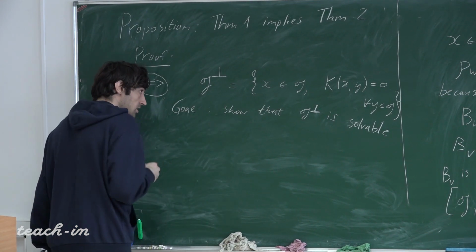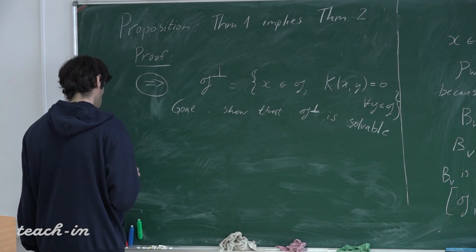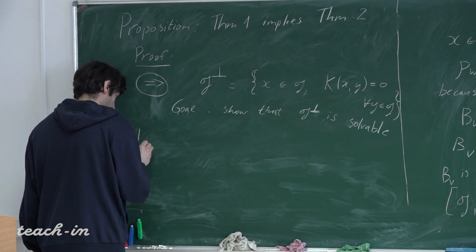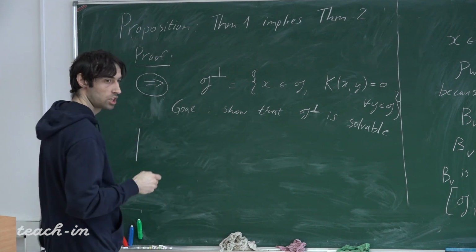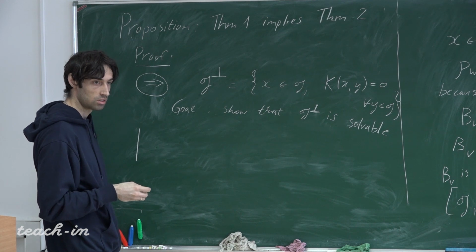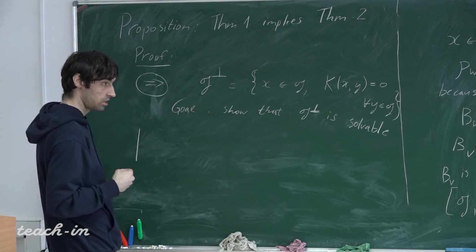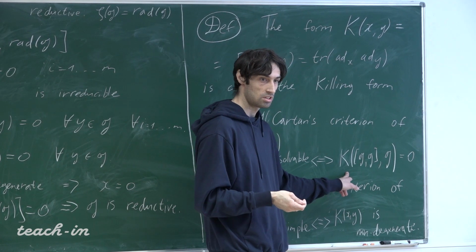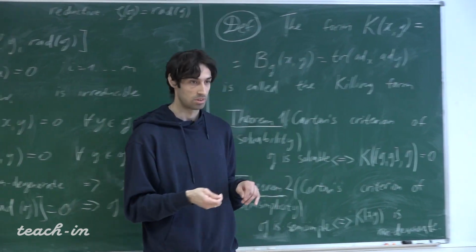So this is an ideal, and I would like to argue that the Killing form of G orthogonal is 0. Then we are done, right? By the first theorem, because if it's 0 everywhere, then of course this thing is 0 as well, and so then G orthogonal is solvable, right?